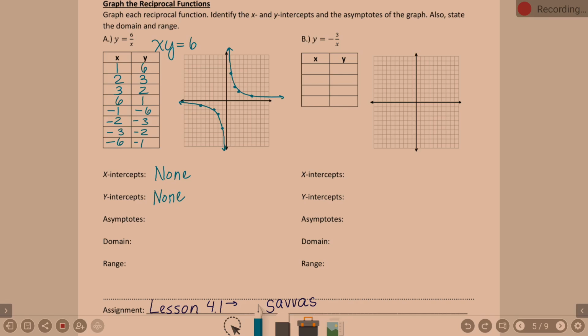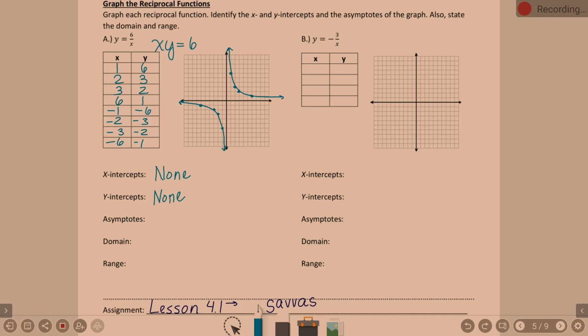Now, asymptotes. We'll talk about this more as this chapter goes. An asymptote is an invisible line that a graph will run along, but never cross and never touch. They can be vertical or horizontal. Does my graph ever cross or touch the x-axis?